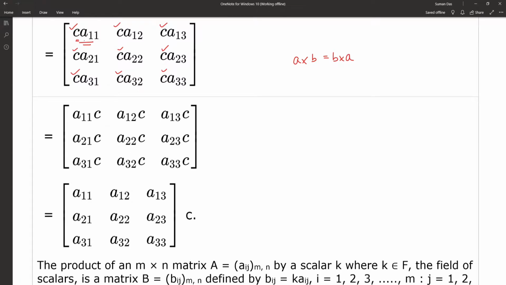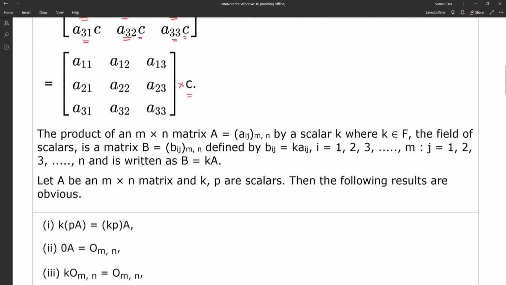So we can write C into A11 as A11 into C, C into A12 as A12 into C, C into A13 as A13 into C, A21 into C, A22 into C, A23 into C, A31 into C, A32 into C, A33 into C. So once again, we can write the matrix A11, A12, A13 on the left hand side of the multiplication operator, and C on the right hand side.